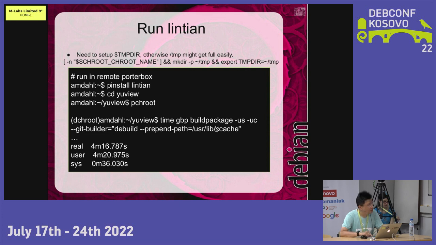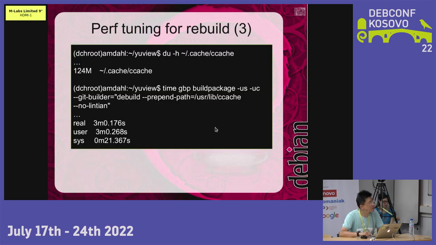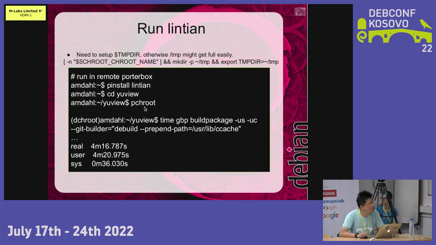I think in the previous slide I used the no-lintian parameter here to prevent running Lintian. So this run is without Lintian, and this run is with Lintian, and it takes about 4 minutes and 16 seconds.